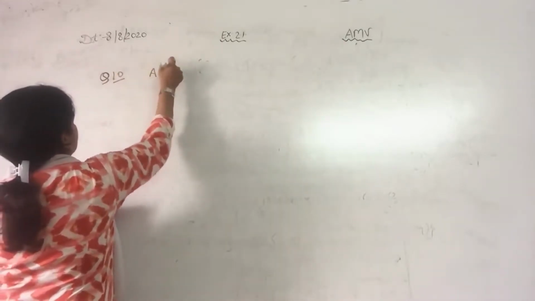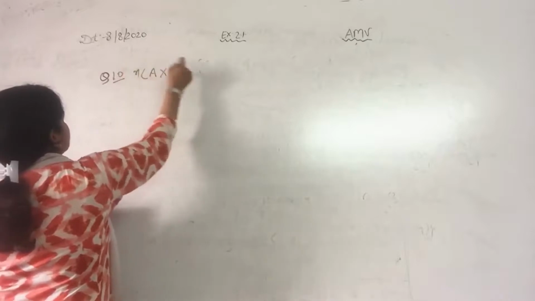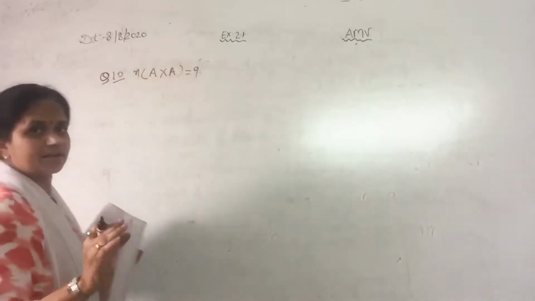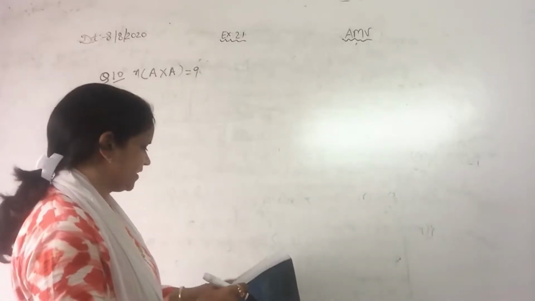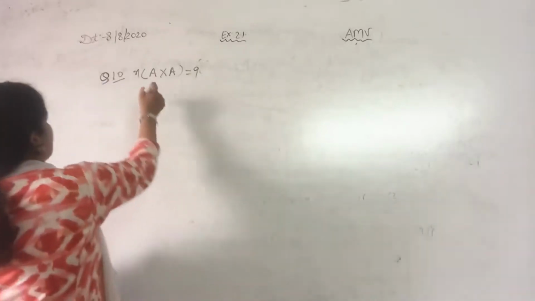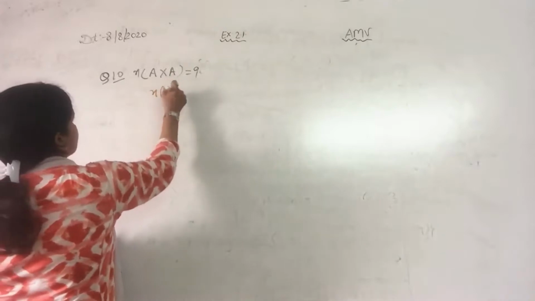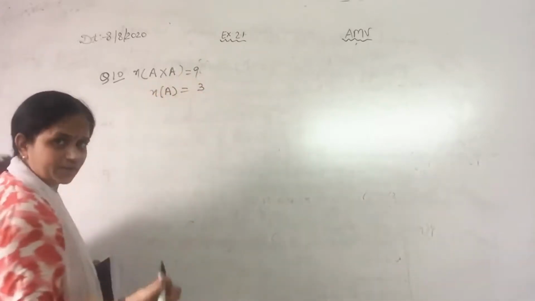Here the number of elements is given as 9. Okay, and we have to find set A. Now the number of elements of set A would be 3 only.